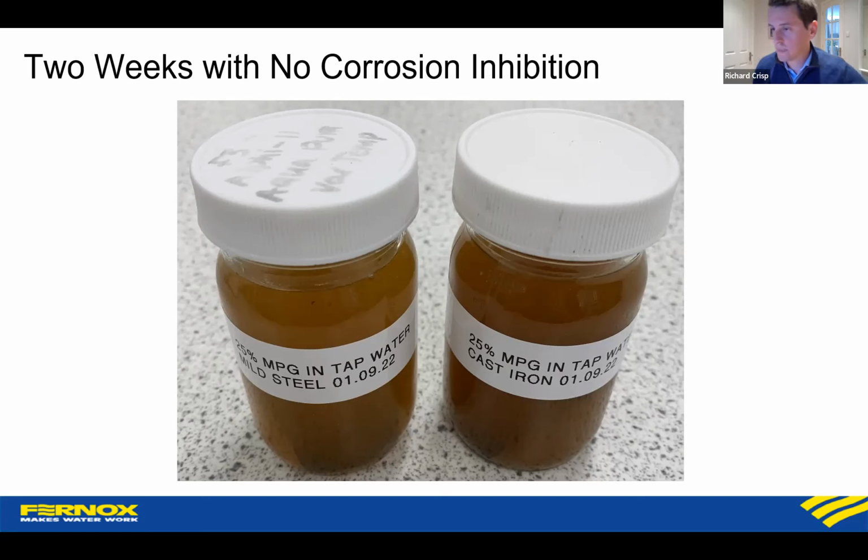I asked someone in my team to put in a couple of metal coupons, sort of 1 inch by 2 inches, in these jars, trying to replicate an average geothermal system, which might have 25% propylene glycol in tap water. So mains water, city water, town water.